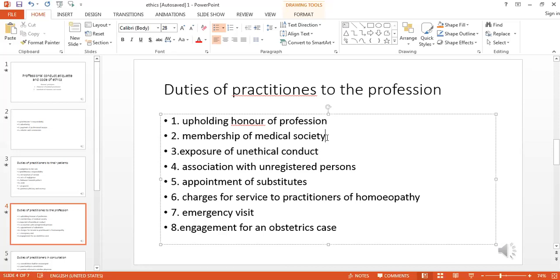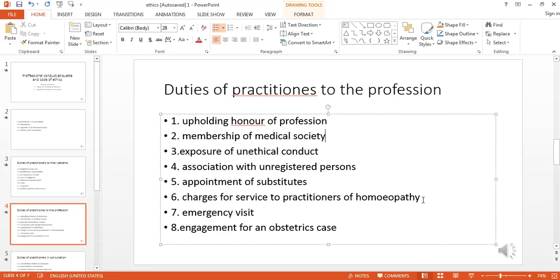So this Practitioner of Homeopathy Act is there so that for such appointments, there should be beforehand consideration. The next one is the charges for service to the practitioner of homeopathy.